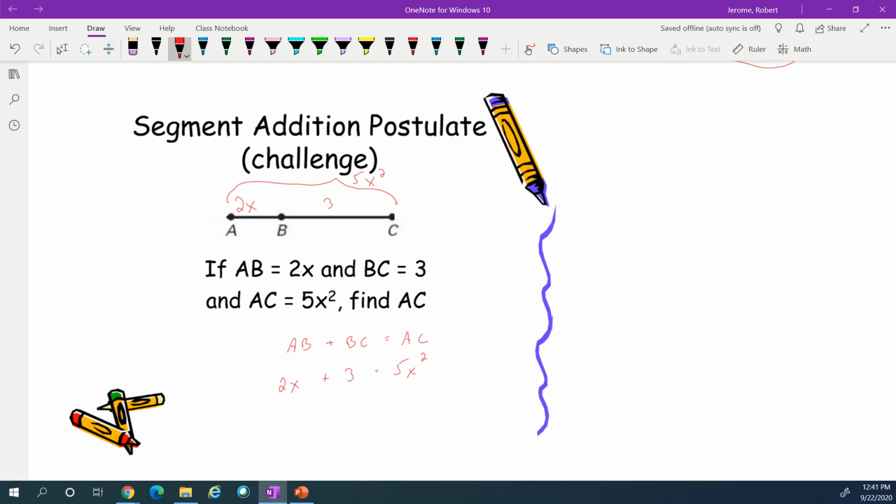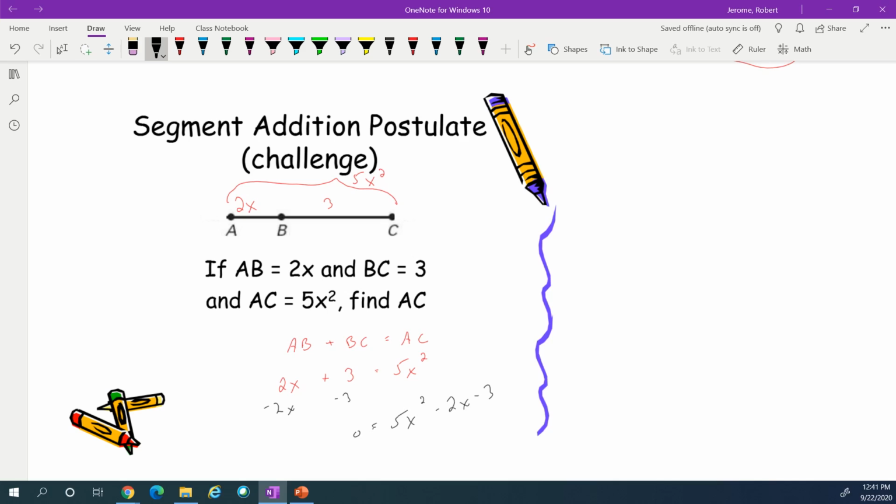What we challenged ourselves in this question with is the algebra. So, of course, we have to remember how to solve this quadratic. We bring everything to one side. So I'm going to subtract 2x and subtract 3. So I set everything equal to 0. It doesn't matter if it's the left side or the right side. We just got to get it equal to 0 so we can factor it.